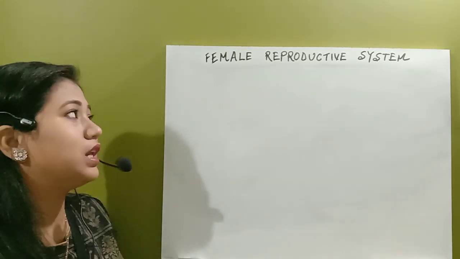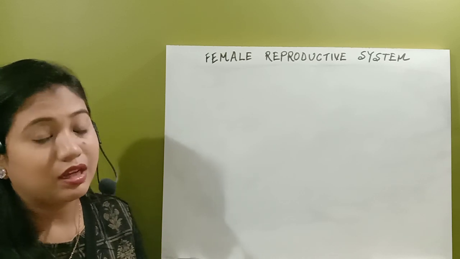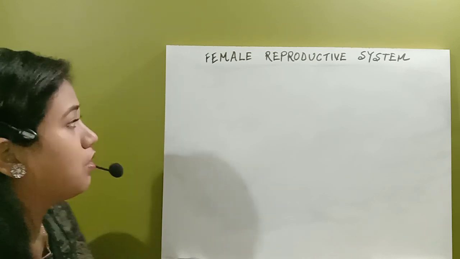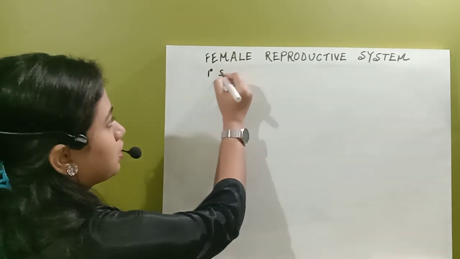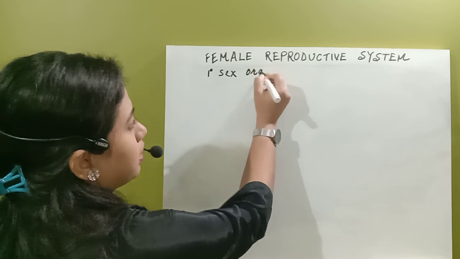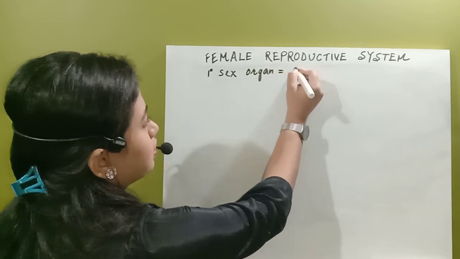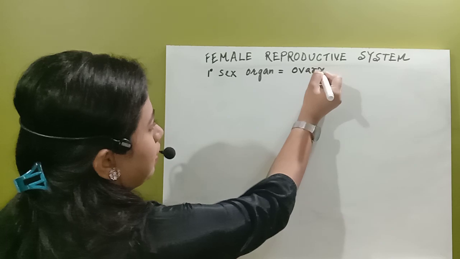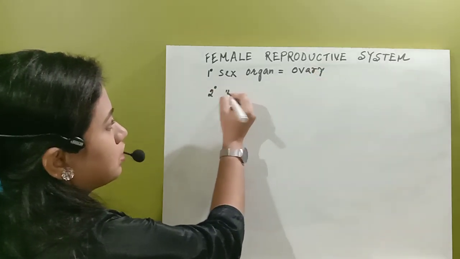So first of all, in case of the female reproductive system, likewise the male reproductive system, we have the primary sex organ as well as the secondary sex organs. In case of female, the primary sex organ is a pair of ovary, and after that we have the secondary sex organs.